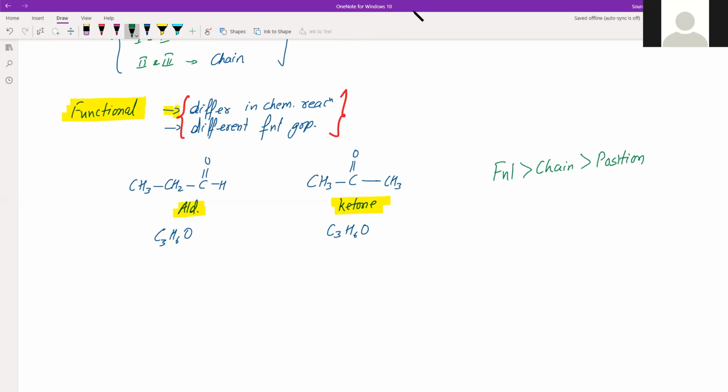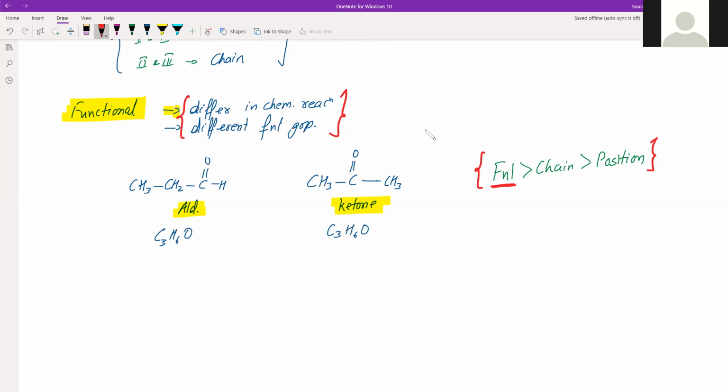So in this particular question, you may come up with this doubt: why not positional isomer? This is the answer for that. These are not positional isomers. Yes, even alcohols and ethers are functional isomers. As you can see here, aldehyde and ketone, these two are functional isomers, and you have to remember that functional isomers have higher preference than all others.